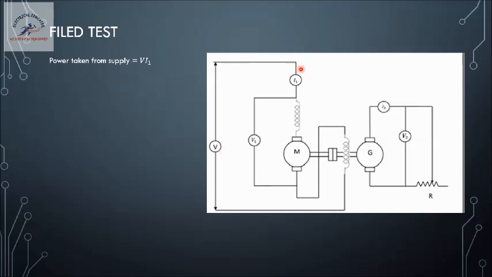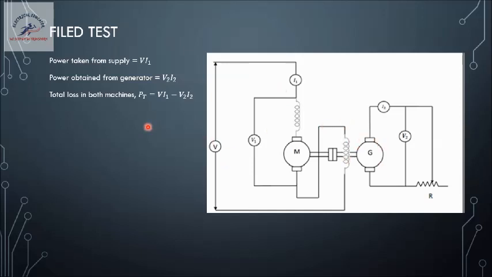Power obtained as output from the generator is V2 into I2. Now the total loss in both the machines. We know what is the power taken from the supply, and we know what is the power obtained from the system. So if we subtract the output power from the input power, we get the total loss in the system.